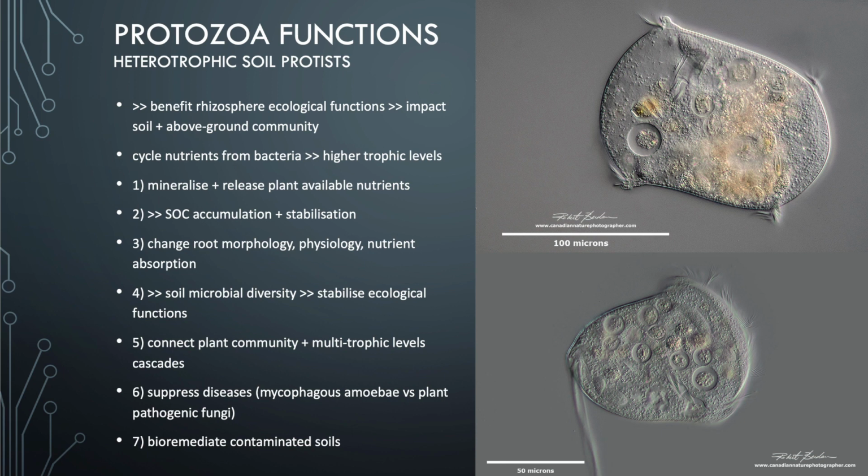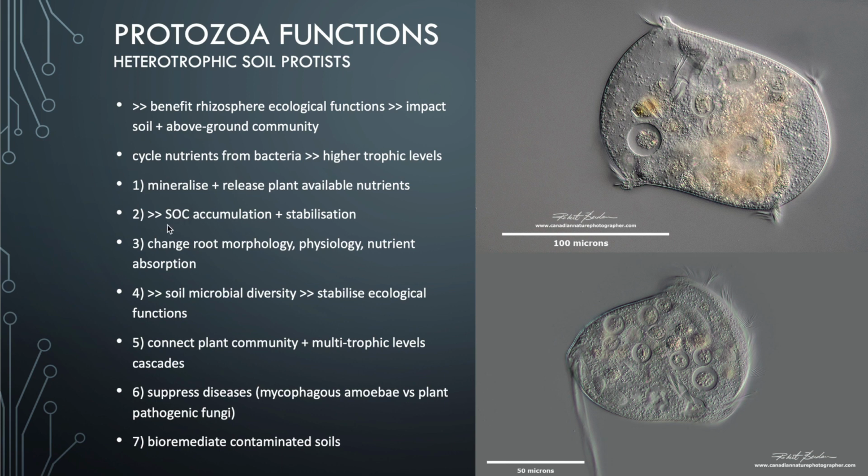They are the intermediate between the primary gainers of nutrients, which are the bacteria and fungi that can gain those nutrients from the mineral component of the soil, and the release of those nutrients for all the other organisms, because by feeding on bacteria and fungi, they actually crack open the package of minerals that these organisms are. So they mineralize and release plant available nutrients by feeding on bacteria and fungi.